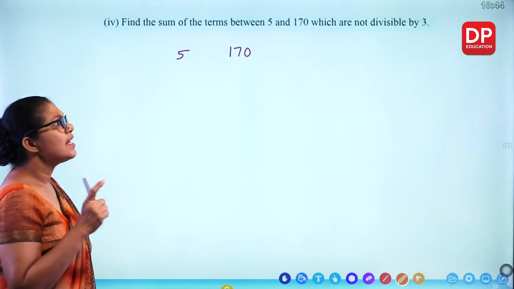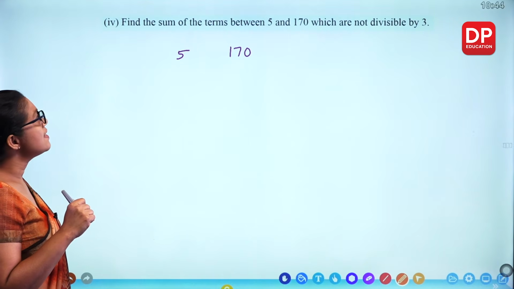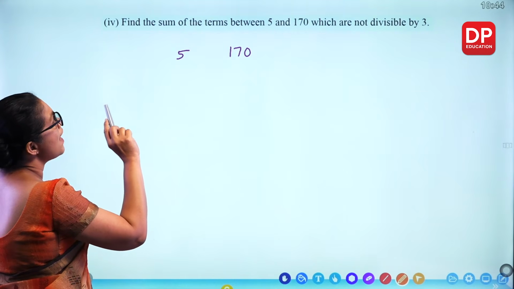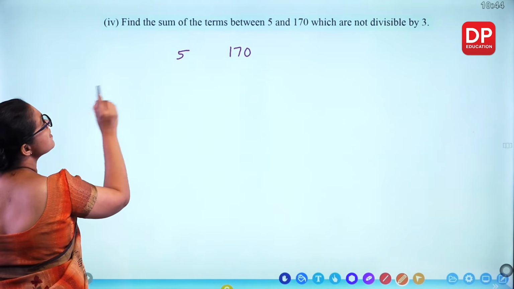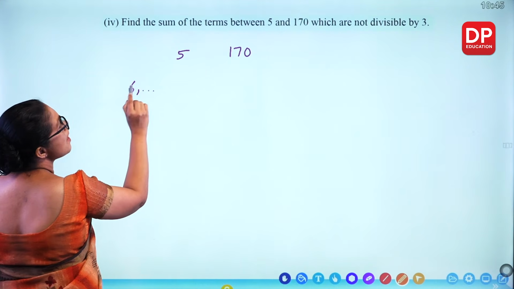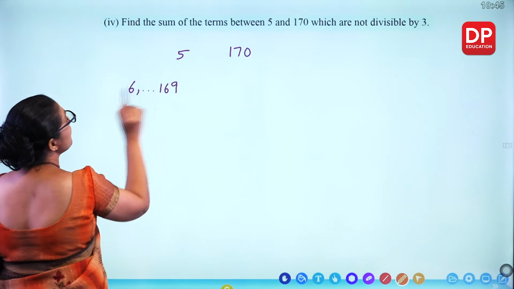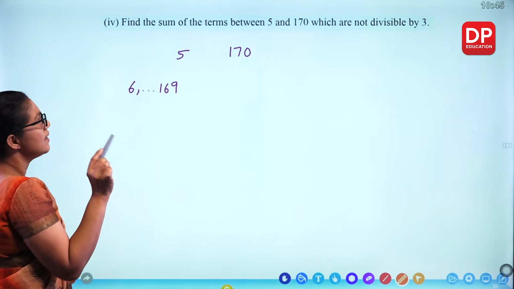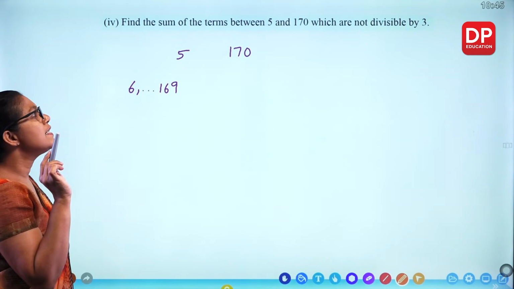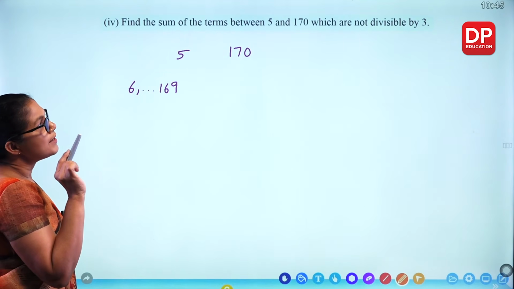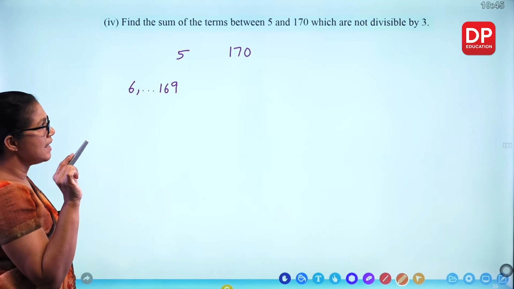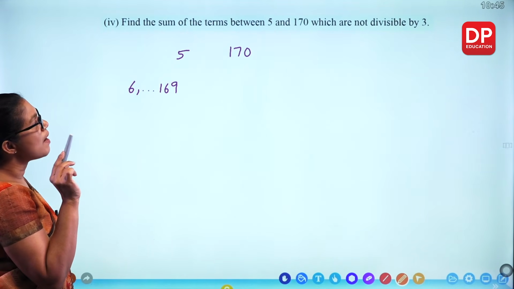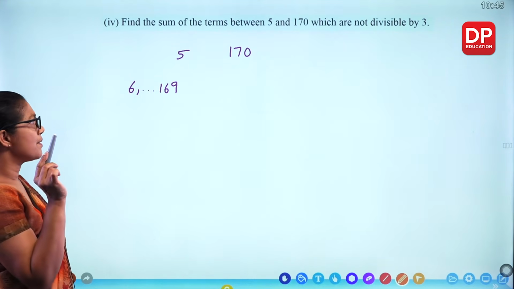That's the easiest way to do it. The lowest number is 6, the highest number is 169. So we'll first find the total of all numbers, then the sum of those divisible by 3, and subtract, then you get the sum of all the numbers not divisible by 3.